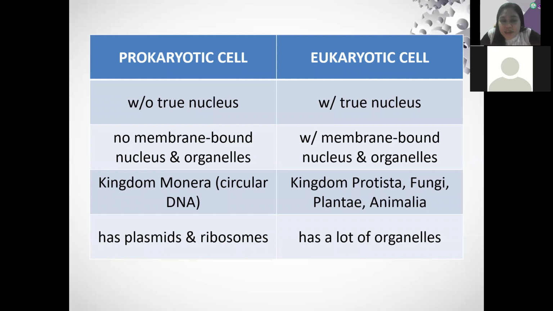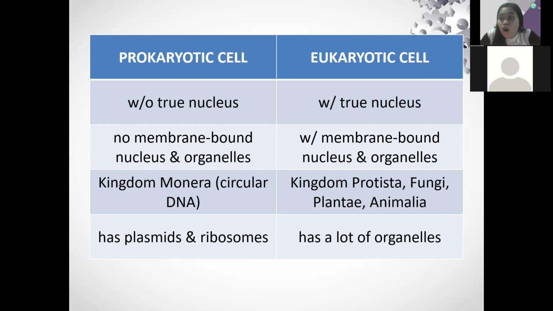Kingdom Monera class, we have the bacteria here and they have circular DNA. Now they only have plasmids and ribosomes as the organelles present. Okay, plasmids and ribosomes.